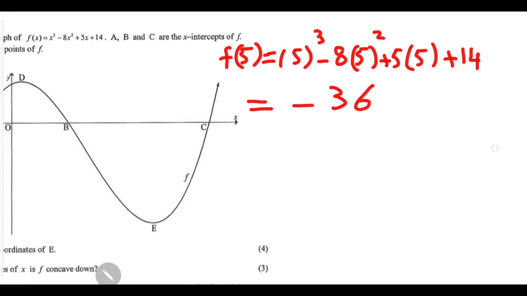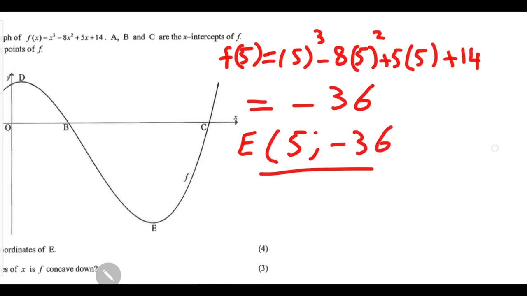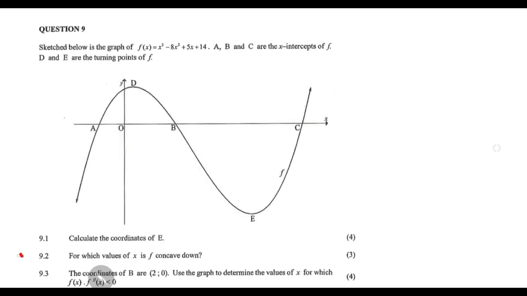So the coordinates of E are x = 5 and y = -36. So this is my final answer.